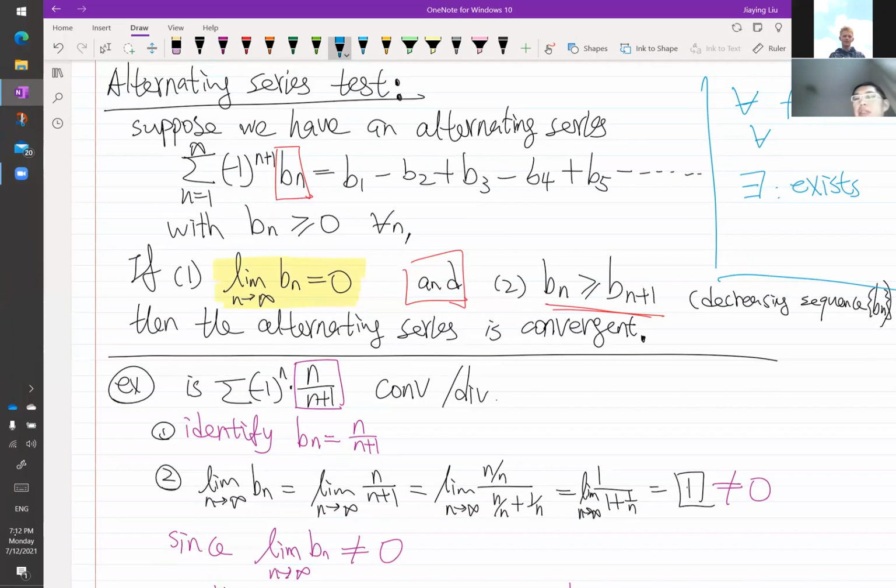There might be statements that say there exists, such as epsilon, that means exists. And ST means such that. Those are just abbreviations.